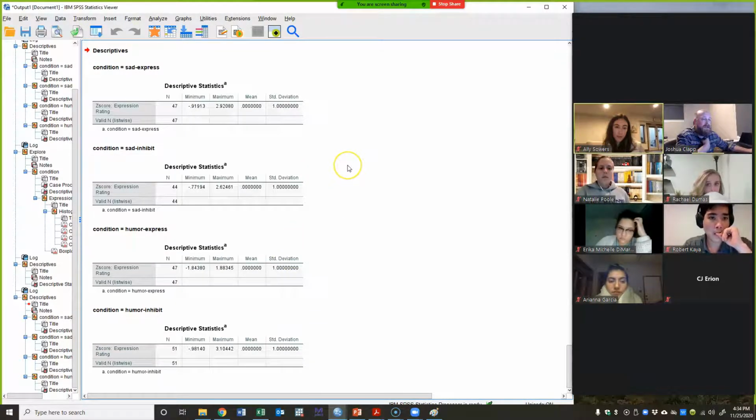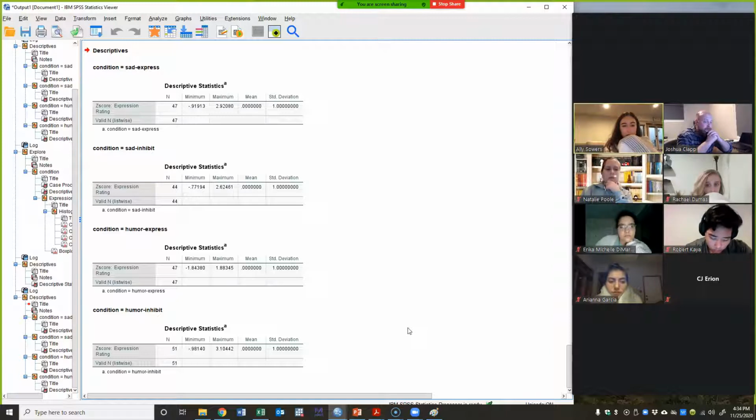But Ali, as I'm going through and looking at this, do I see anything potentially problematic in terms of my z-scores for my individual conditions? Not too much. I don't think so.